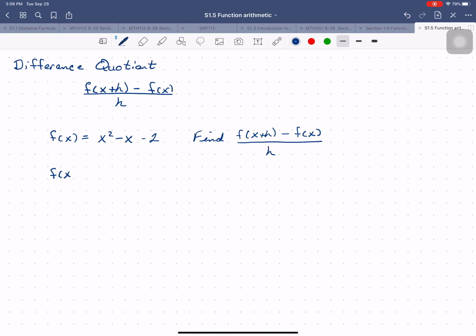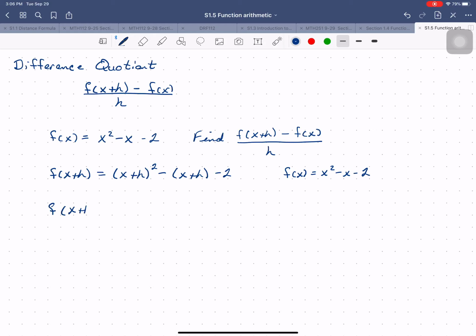F of x plus h just says take all your x's and replace them with x plus h's. Right? And we know f of x is just x squared minus x minus 2. So we can do this.